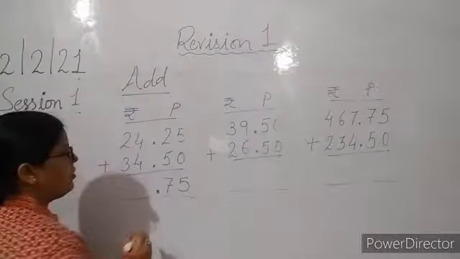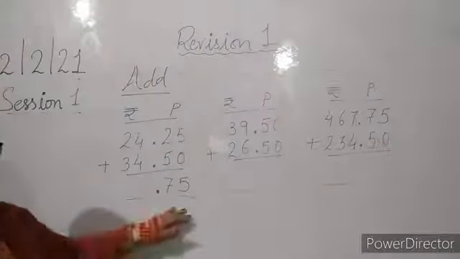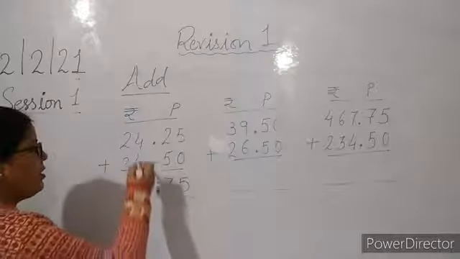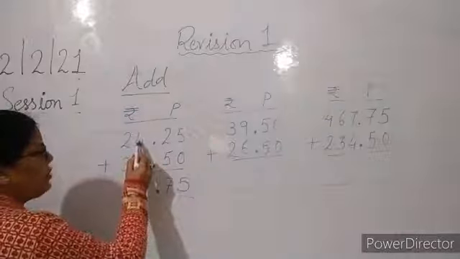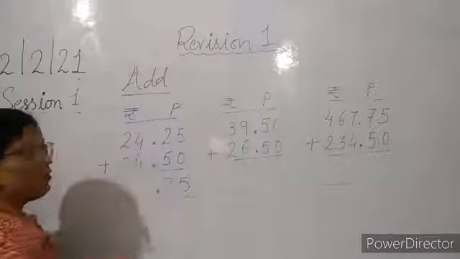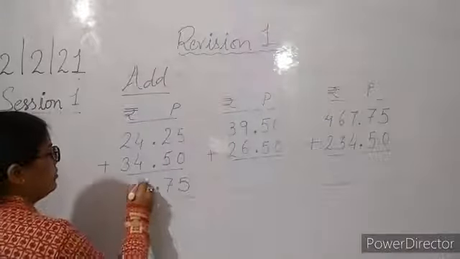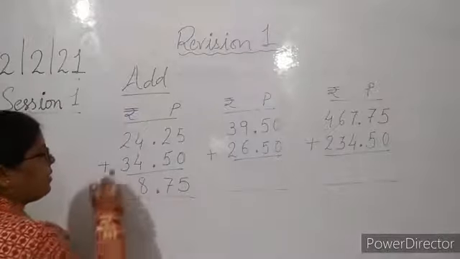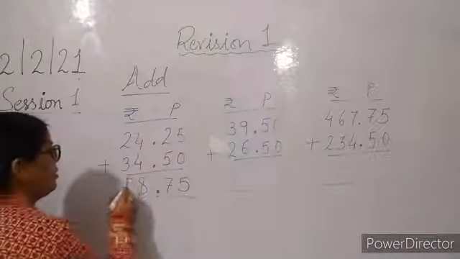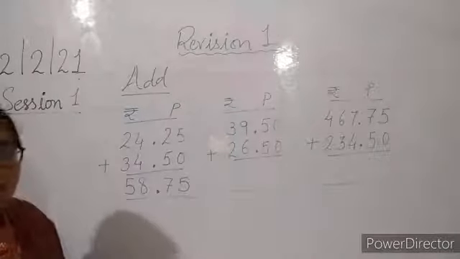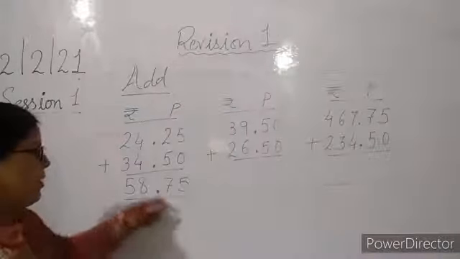So the total paise amount is 75 paise. Now we'll add the rupees amount. First place 4 plus 4, 8. And then second place 3 plus 2, 5. So what is the total amount? 58.75.